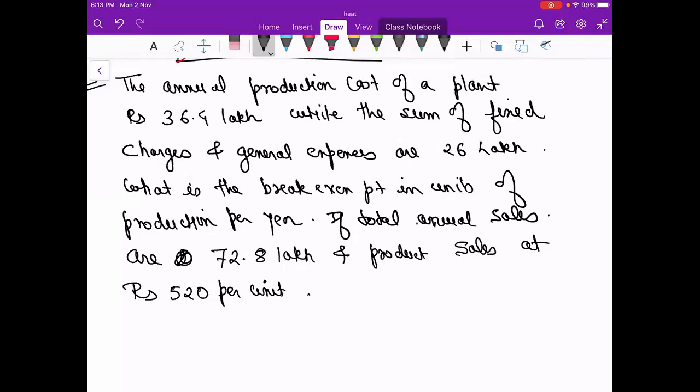Okay. What is the break even point in units of production per year if total annual sales are 72.8 lakh and product sells at rupees 520 per unit? Yes, Manasa Gangotri, correct answer. Shaunak, correct answer. Naveen, wrong answer.